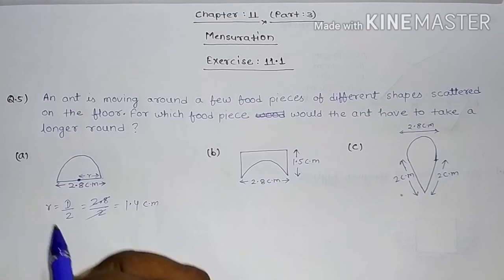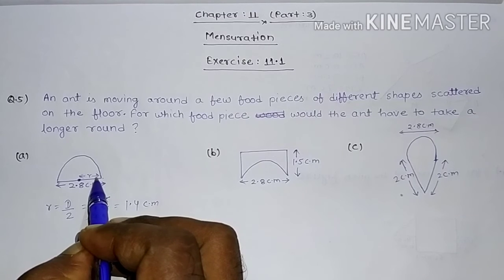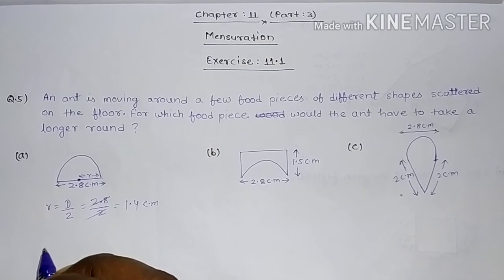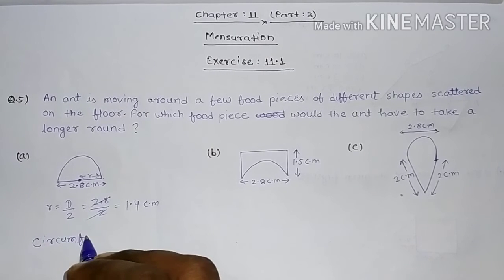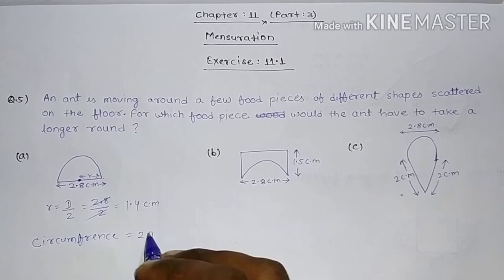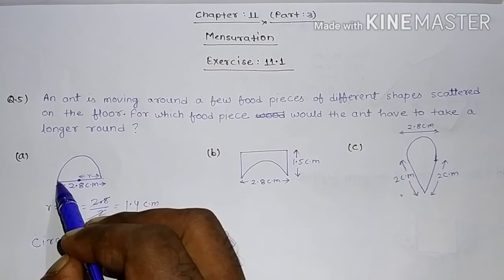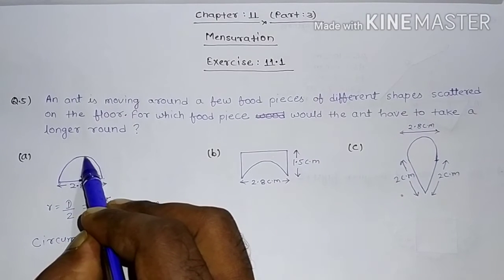and we have to find half of the circumference of this circle. So the circumference of the circle, we know that, is equal to 2 pi r. This is the formula. This is the circumference of a circle, that is 2 pi r. But in this figure, this is a semicircle.